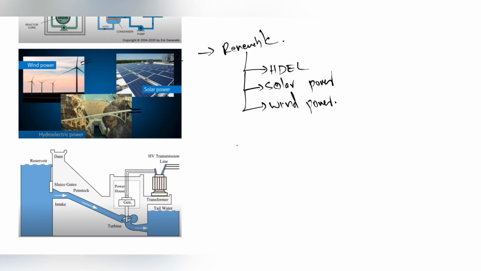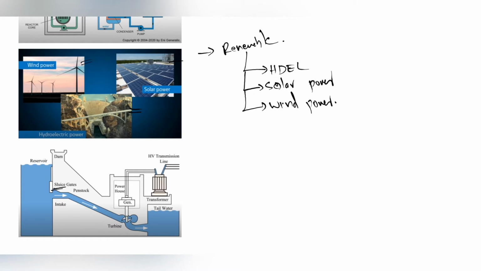In a hydroelectric plant, the pressure is generated by elevation differences of water, where a high amount of water is kept in a dam and then released through control gates, which allow us to control the flow of the water, which is then given to the turbine.